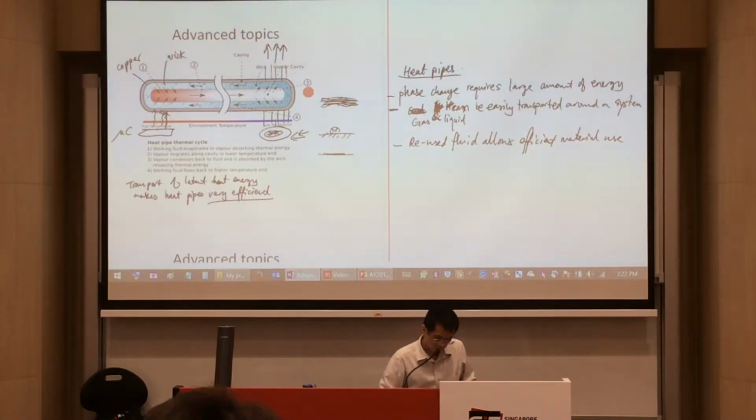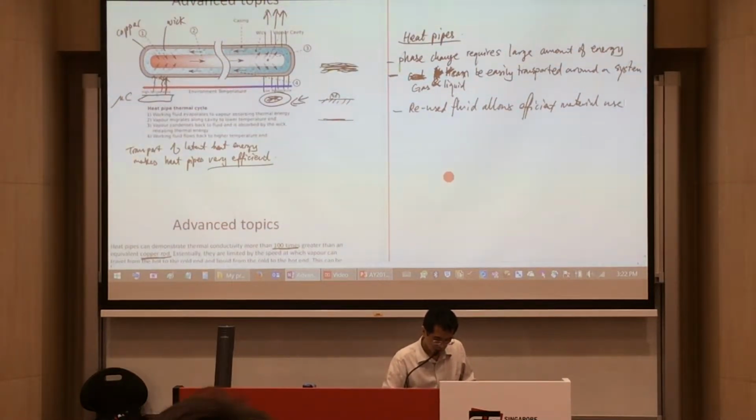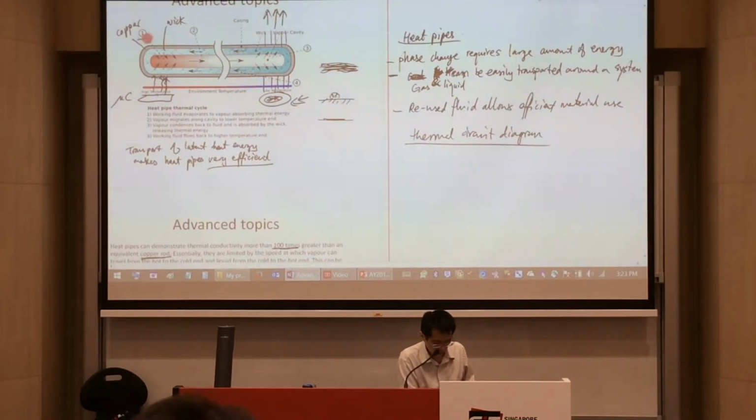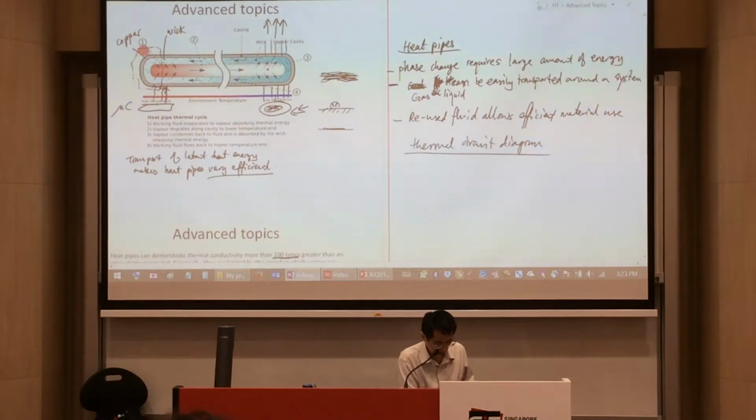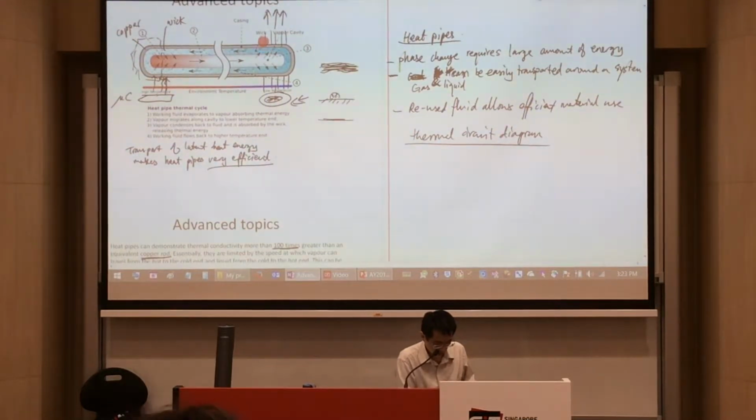Now for the heat pipe, if I were to sketch the thermal circuit diagram, we can start from what I call the cap region. These two ends will have a cap, and this cap will cap the two ends of the pipe.